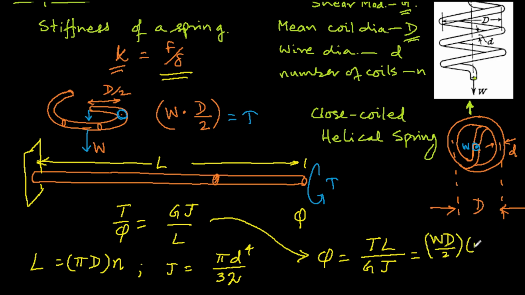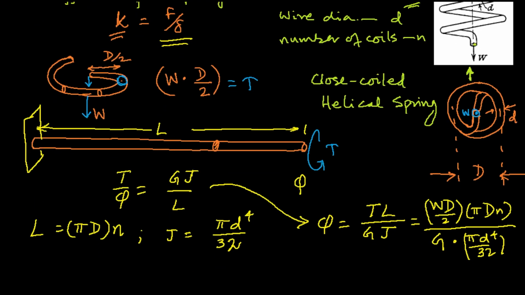L is pi d n, then G is like that, and then this is pi d raised to 4 over 32. Okay, so that is the value of phi. Now imagine that phi is the angle of twist at this point. So that means at this junction, this circle is getting twisted by an angle of phi.